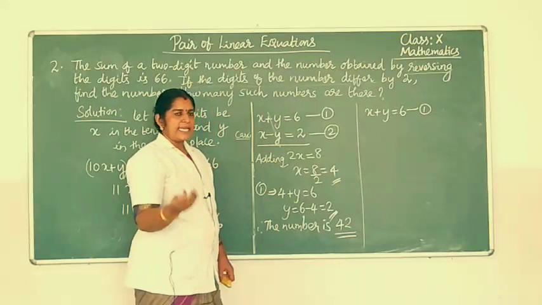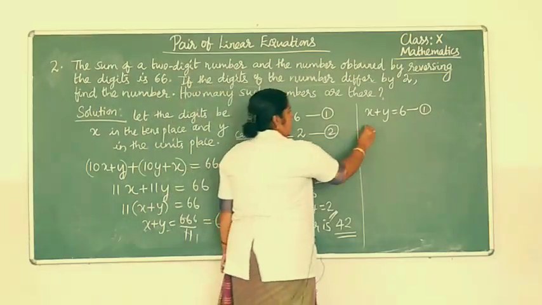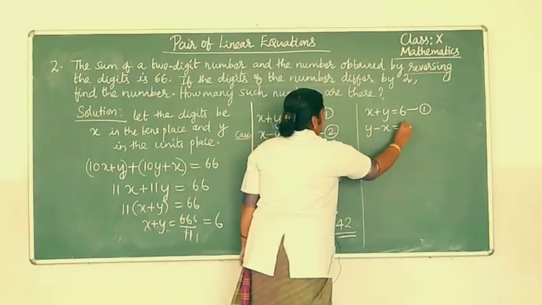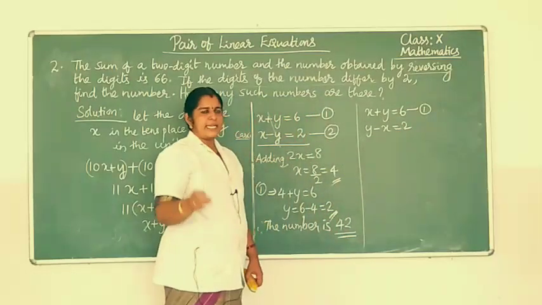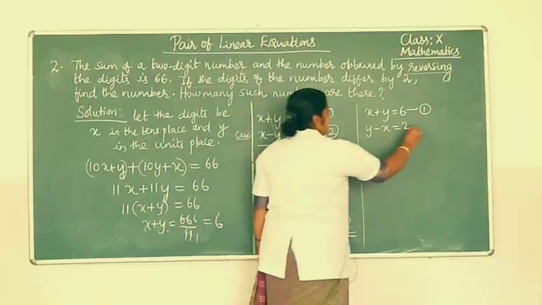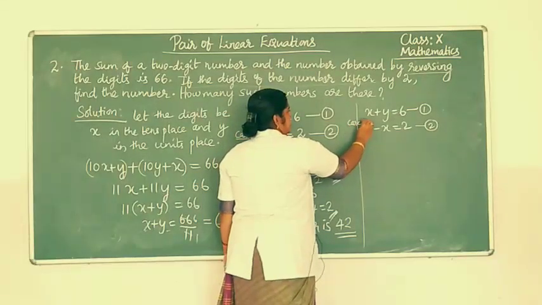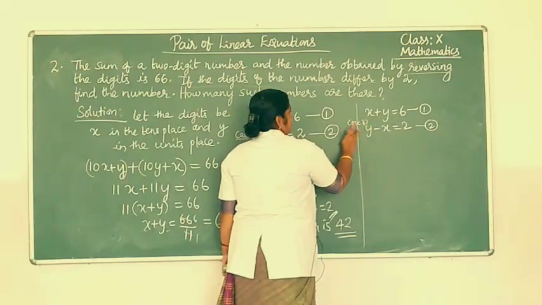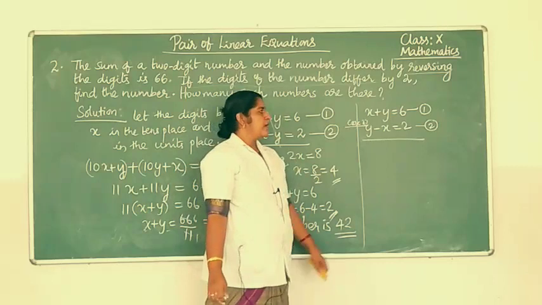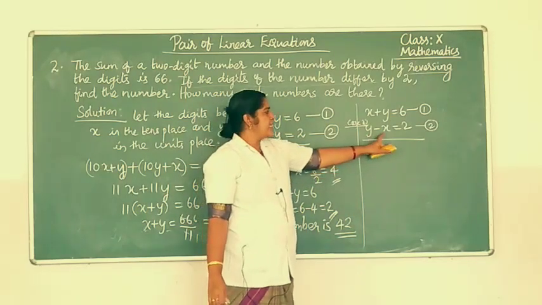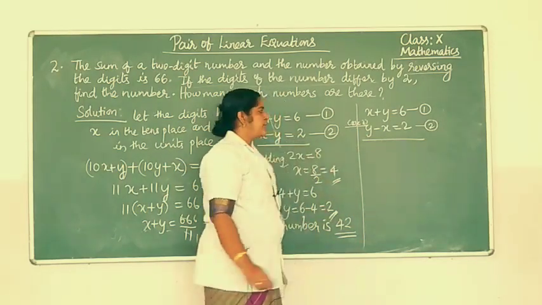Now we are taking the second case, that is y minus x equal to 2 if y is greater than x. So that is our second equation. So we are doing here case 2. Yes, now you see y minus x equal to 2, our second equation.